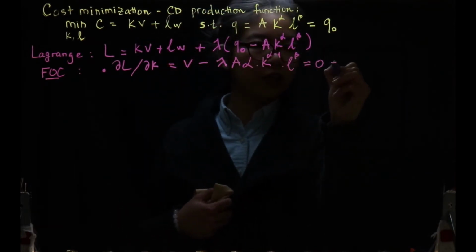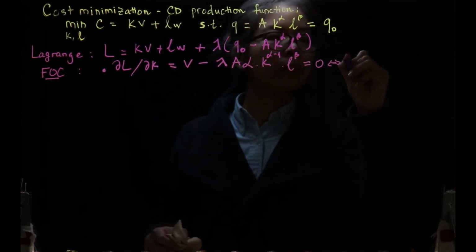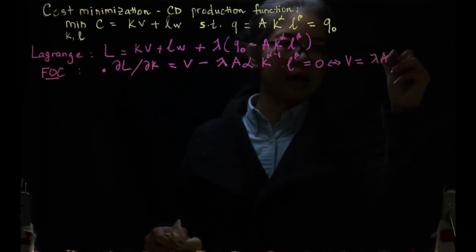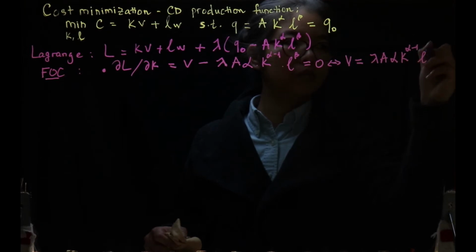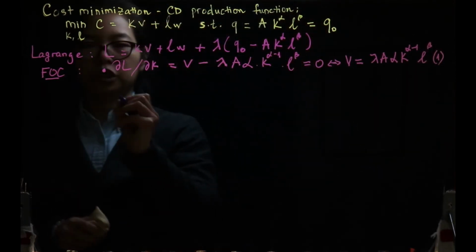For convenience, let's rearrange it a bit. So V equals lambda times A times alpha times K to the power of alpha minus 1 times L to the power of beta. And let's call it the first equation.